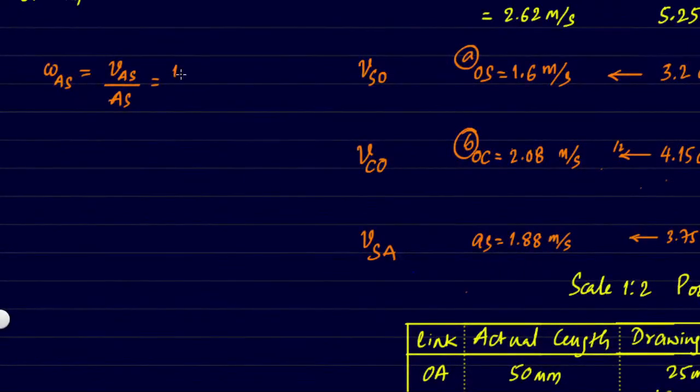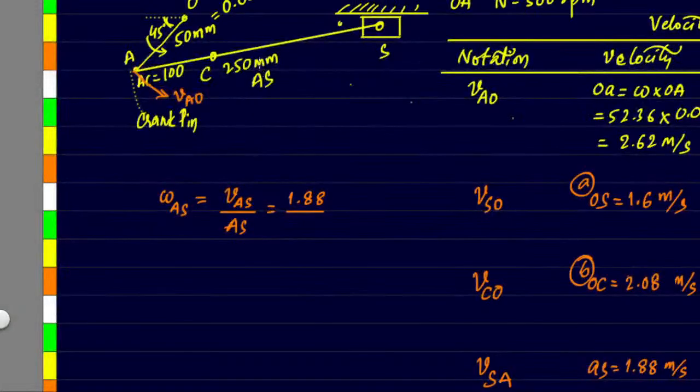So this we have to substitute over here in this formula. 1.88 divided by the length AS. When we are talking about the AS length, we will have to convert this into meters. So divide this by 1000, we get 0.25 meters. So that's the length we need to take over here.